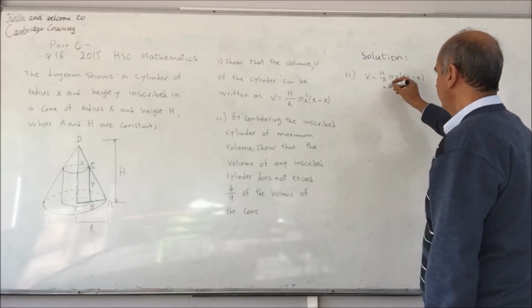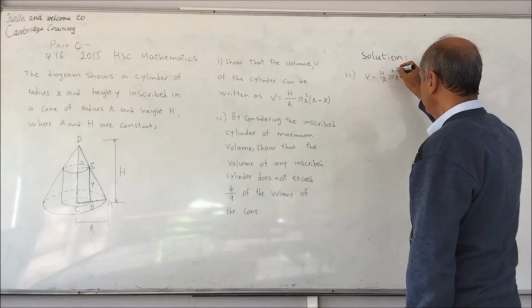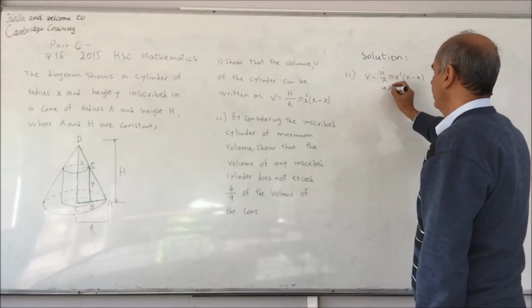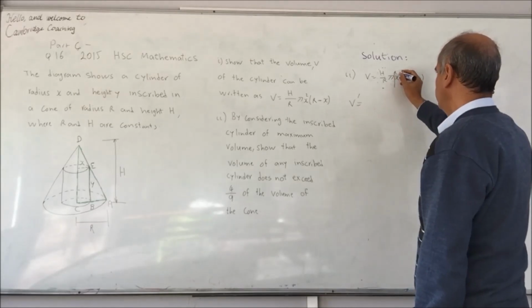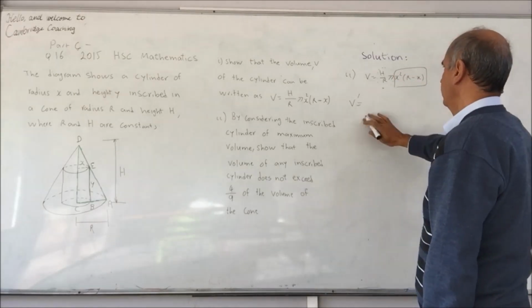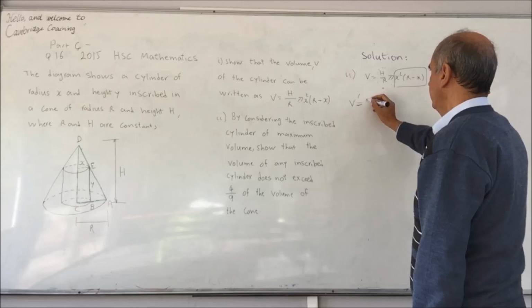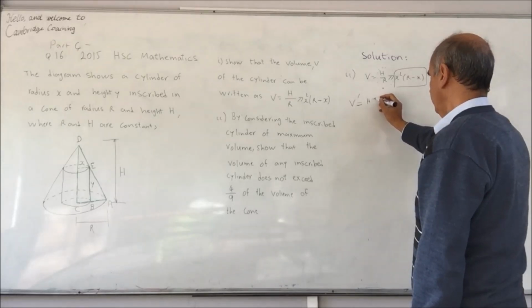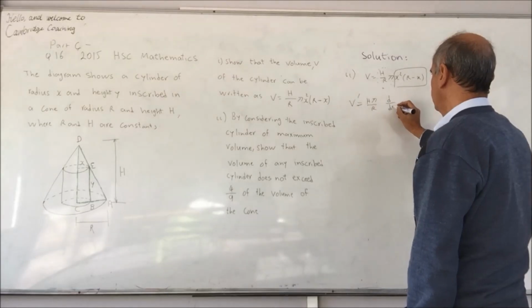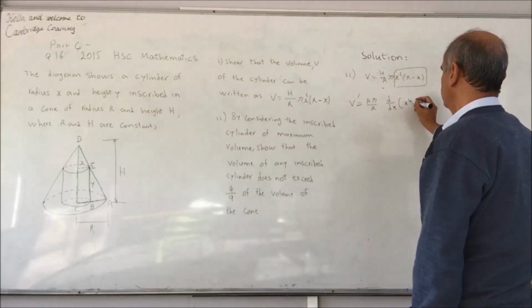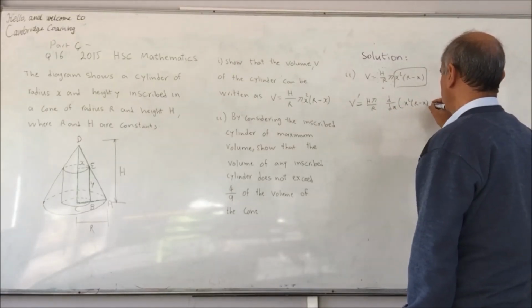What I'm going to do, I'm going to take this bit as my coefficient because it's a constant value, and just differentiate the rest, which is x squared times (r minus x). So I'm going to say h pi on r, then I'm differentiating this bit with respect to x.